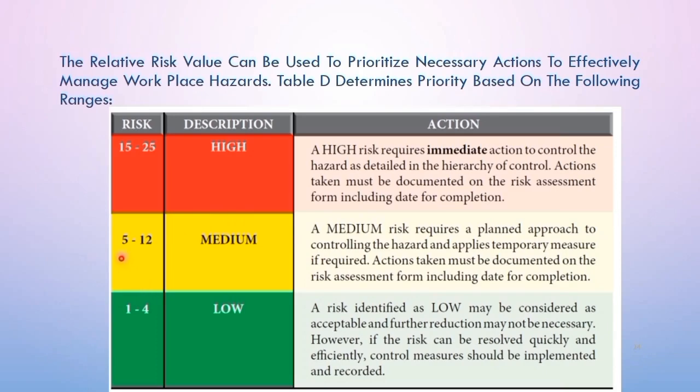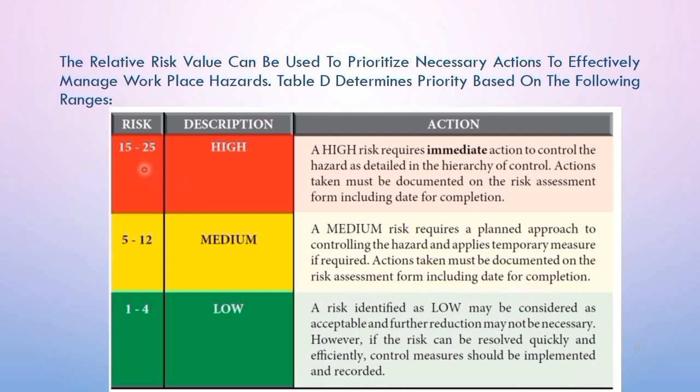If the risk value is from 5 to 12, it falls under the medium risk category. Medium risk requires a planned approach to control the hazard and also applying temporary control measures. The actions taken must be documented on the risk assessment, including the date for completion.